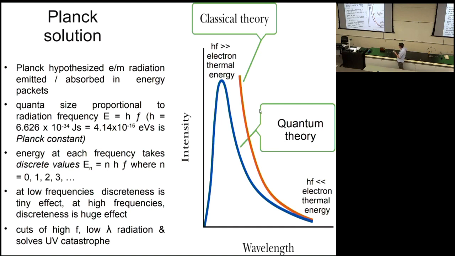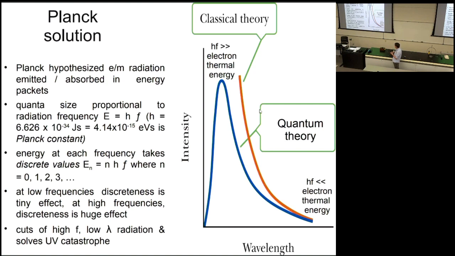So the bullets have to do with the key idea. Firstly, electromagnetic radiation is emitted in packets, in energy packets. It's absorbed in packets, energy packets. What's the size of the packet, you might ask? The size of the packet depends on the frequency of the radiation.